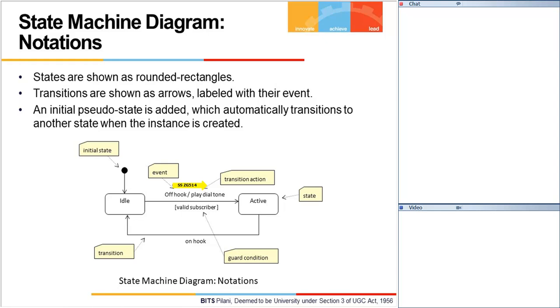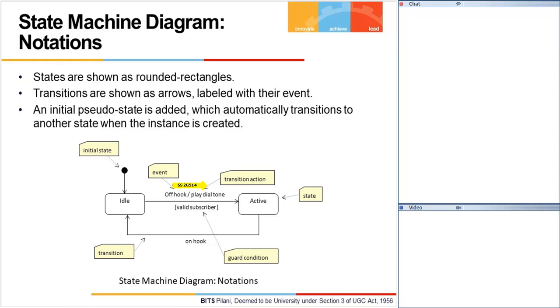Will the question clearly mention to us that we have to draw the state machine diagram? Yes, the question will clearly mention that you have to draw the state machine diagram. Are the labels necessary in the state machine diagrams? Yes, the labels are necessary in the state machine diagram. Okay, let's move to my next slide.